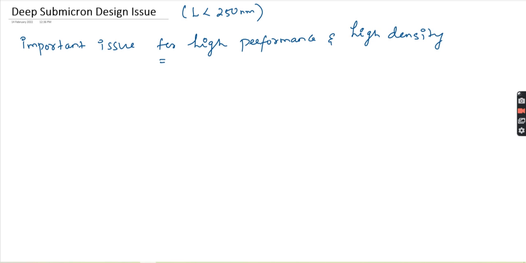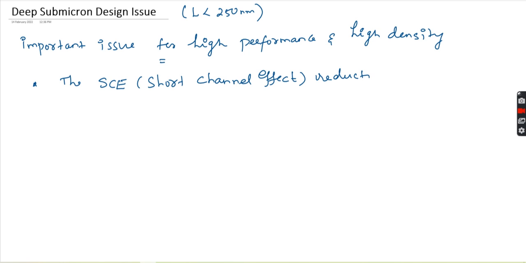So here, the things we are going to study are the short channel effect reduction, which includes the two effects we already studied.